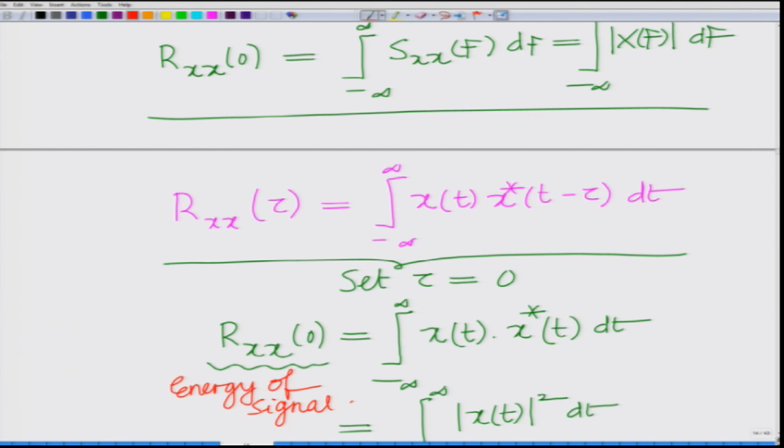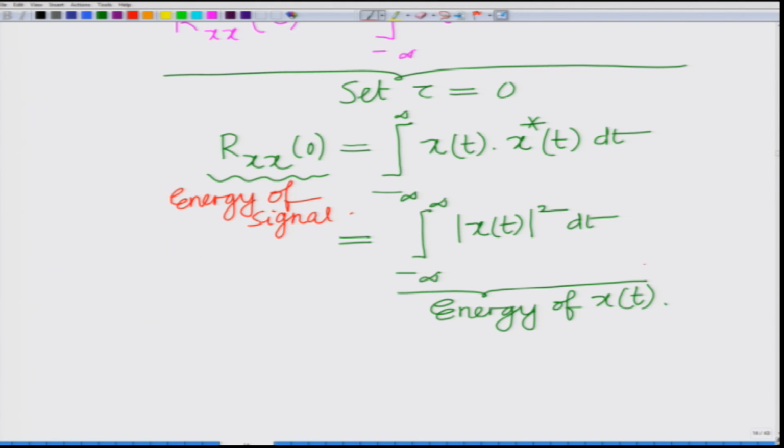So, let us call the first result as 1 and the second result as 2.